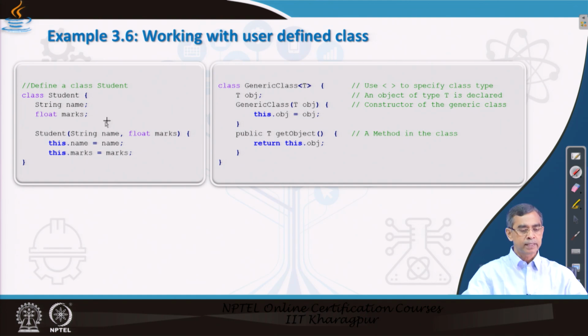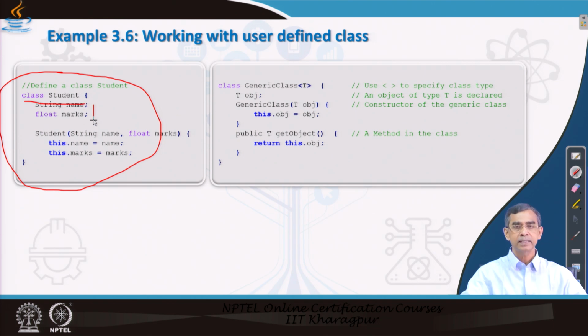In this example you can see, first we have to declare our own type of data. As we have discussed here, student is one type of data. It has only a name and marks as a floating point, and this is basically a constructor by which an object of type student can be initialized.